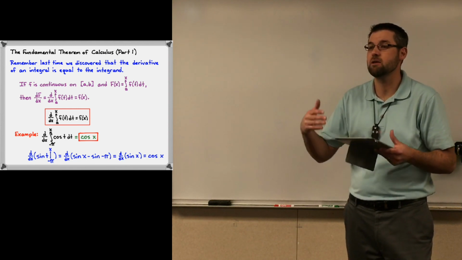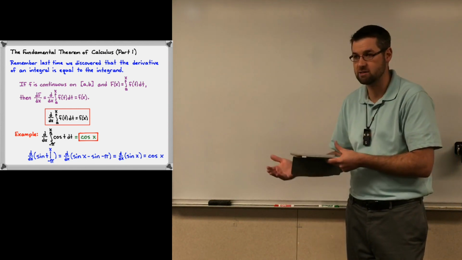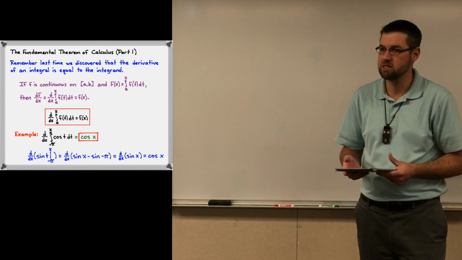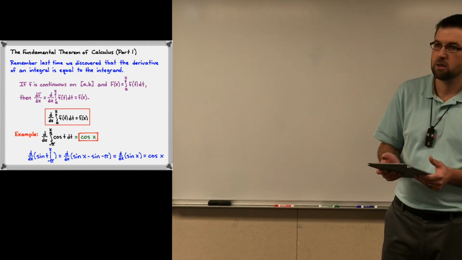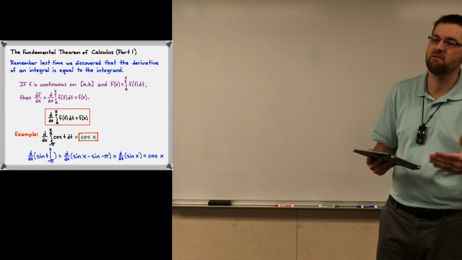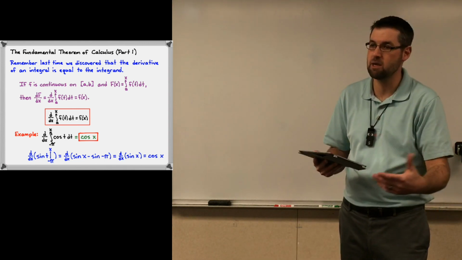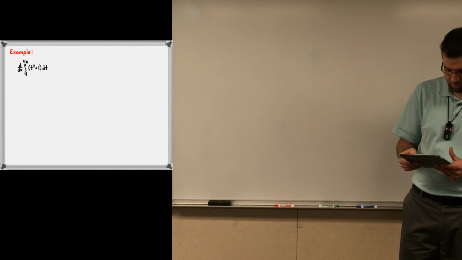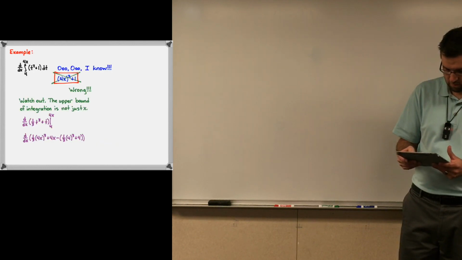X. So if x is the variable, what's the derivative of x? 1. If x was a function, then it would be x prime. But not in this case. Yeah, but you wouldn't say x prime. The derivative of 3x, which is 3. Right? Okay. Give me one like that so I can use the fundamental theorem.